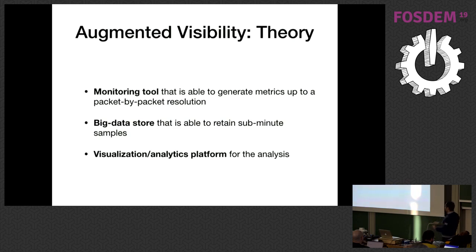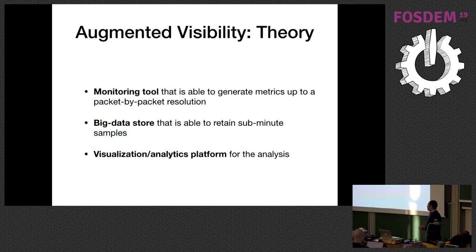Because if we use high resolution metrics, we end up generating hundreds of millions of points per day in real world corporate networks. So we need a really good data store that can, on the one hand, store the metrics, and on the other hand, provide responses to your queries in a timely way.